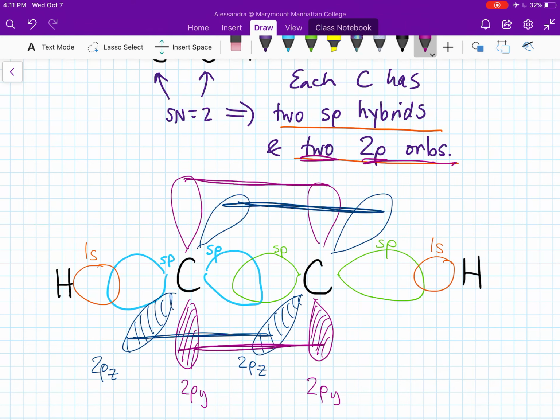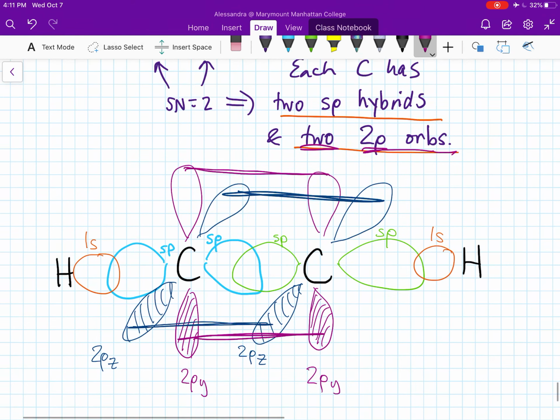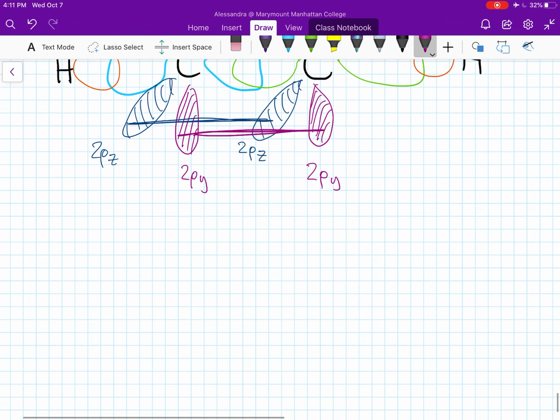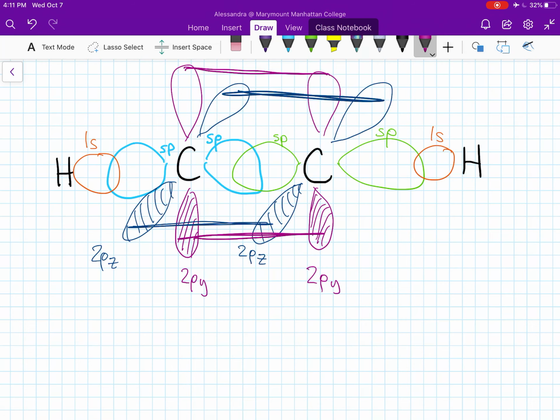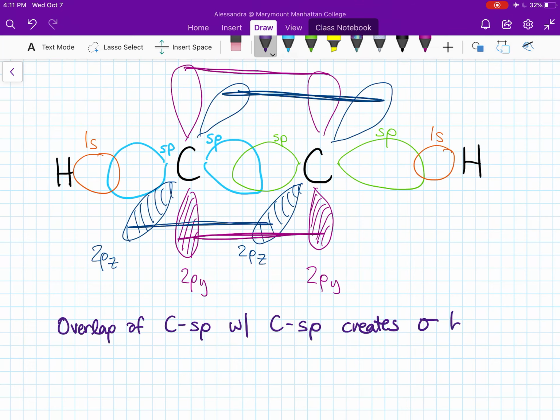Now my cartoon is complete, but I also want to describe what's going on in words to fully describe the bonding in the acetylene molecule. It's the overlap of the carbon sp orbital with the other carbon sp orbital that creates the sigma bond.